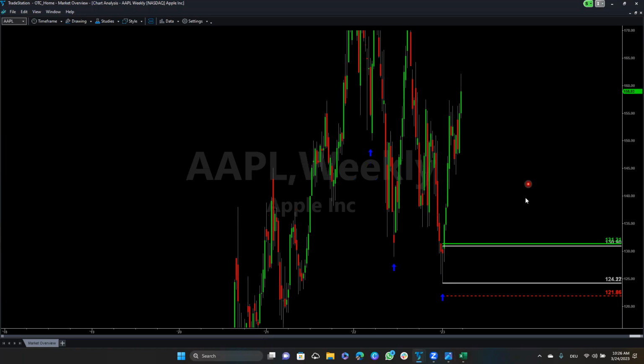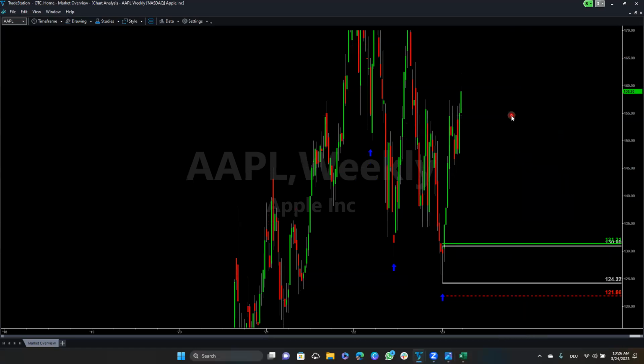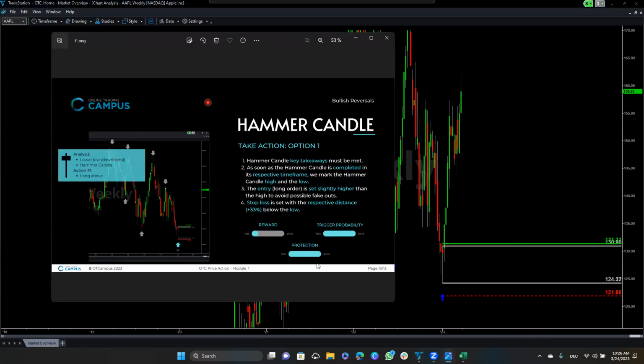But here, for example, if you stay in the trade with the seasonality, you could stay in the trade till the 7th of February. That means you made easily a 3-to-1. Okay, that's great. Trigger probability, of course, the best of the best, very easy to be filled, right? Here, your entry is above the horizontal, the proximal line, the hammer candle, and protection, one of the best. It is below the hammer candle, correct?